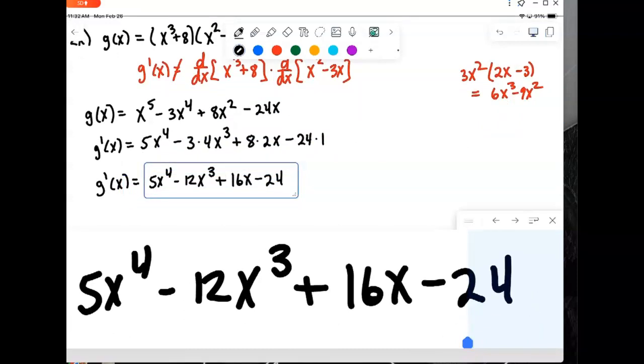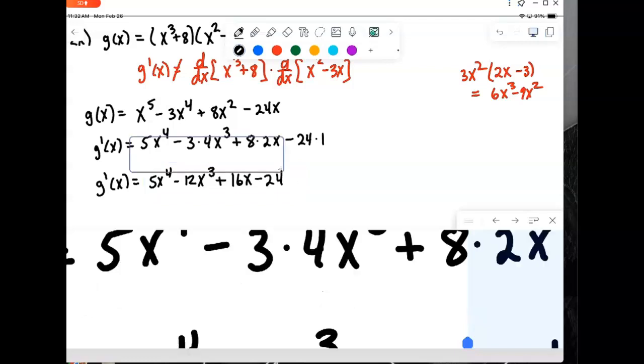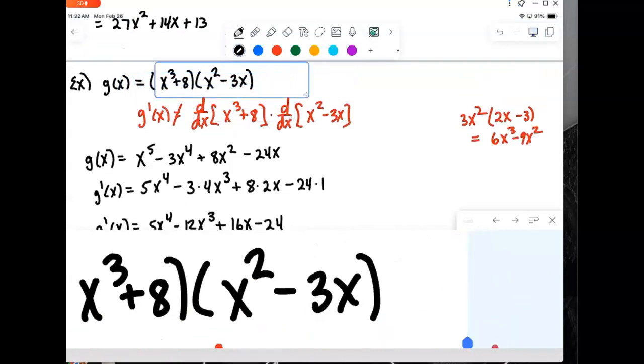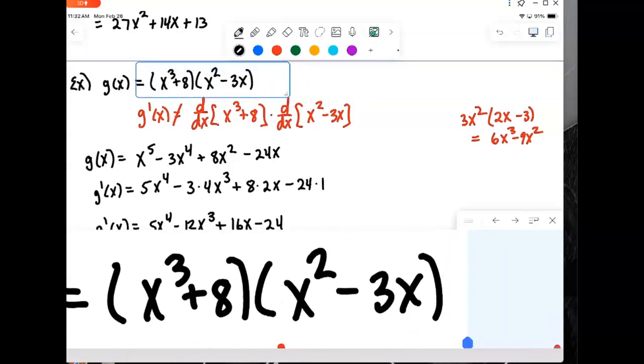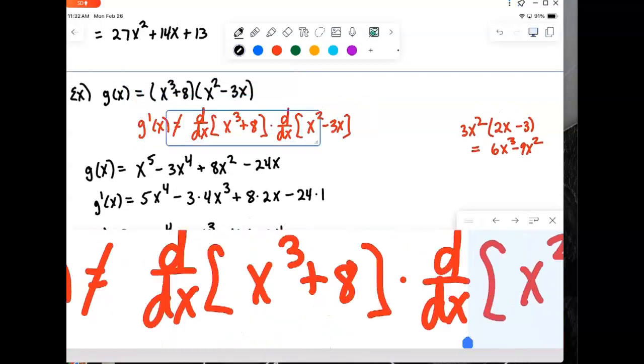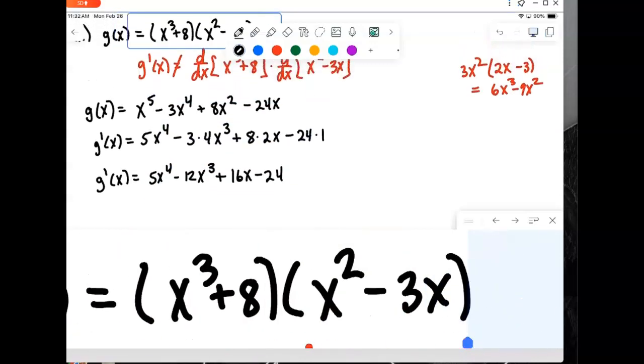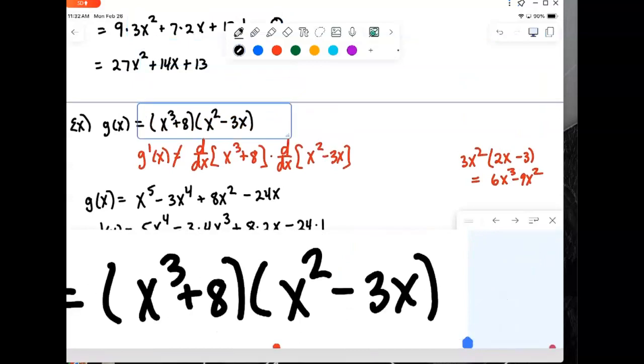Now later on, a few sections from now, we will look at how to do derivatives of a multiplication problem where we have to actually go across the multiplication problem. But we're going to hold off on that for a little while for now and just focus on other things. But we will eventually get back to how we can actually do the derivative of a multiplication problem.